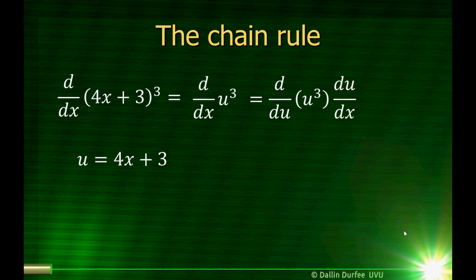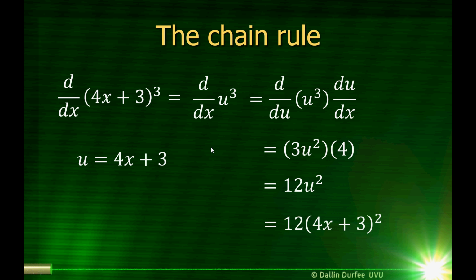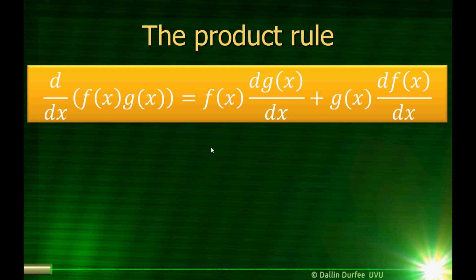Well, the derivative of u cubed with respect to u is just 3u squared, and du/dx is just 4, right? 3 is a constant. The derivative of 4x is just 4. And so it's basically 12u squared, but u is 4x plus 3, so this is 12 times (4x plus 3) squared. That's the chain rule.